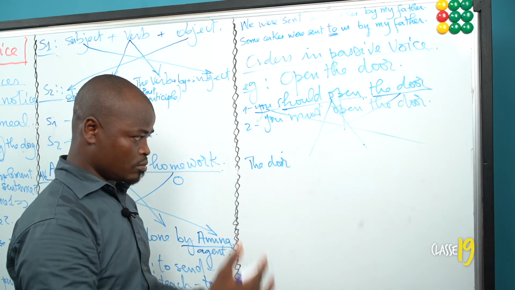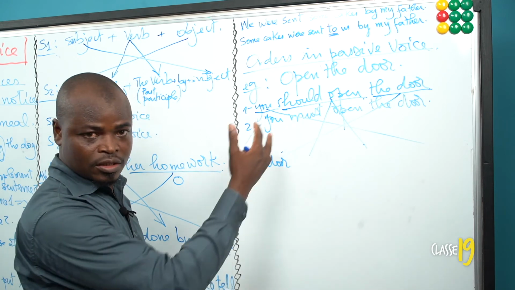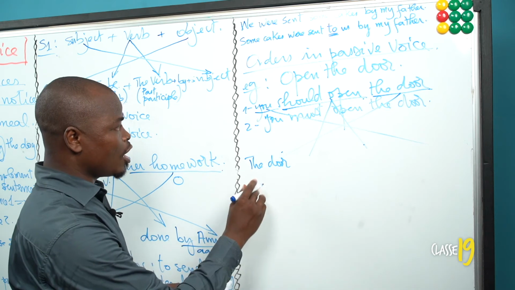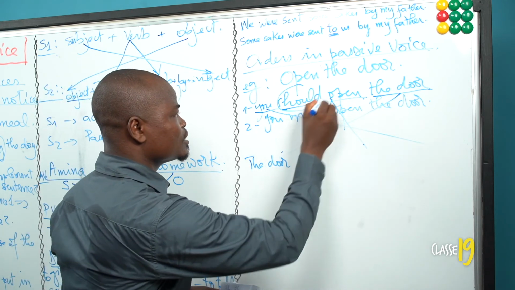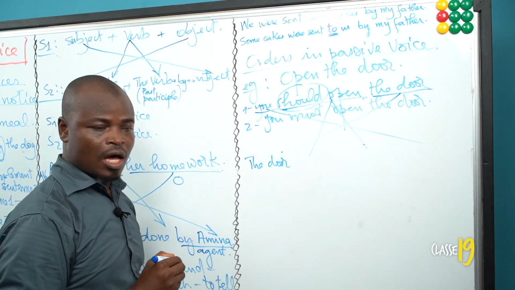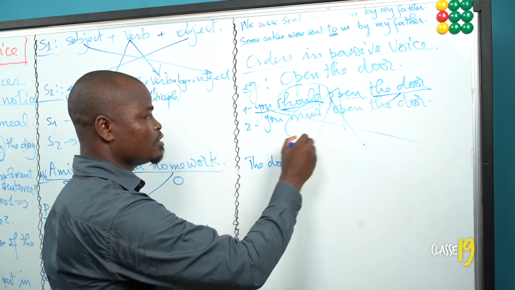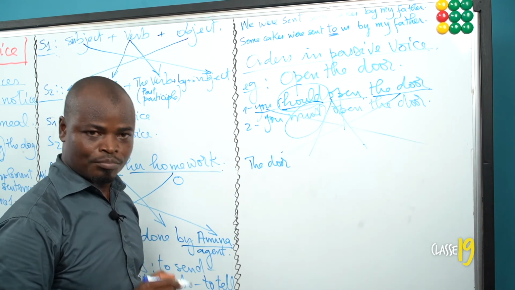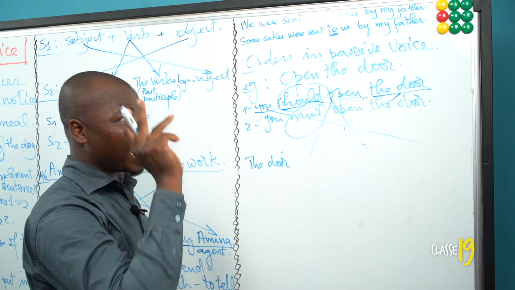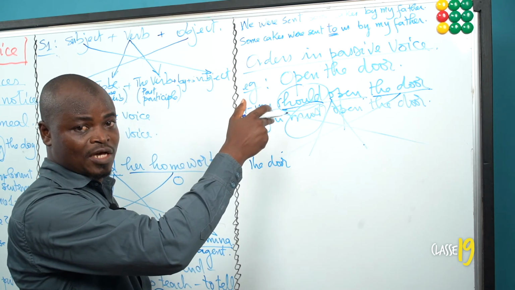So, to catch up, let's do things together. So the door should be, or if it is must, the door must be. Because we are asked to put to be in the tense of the verb.